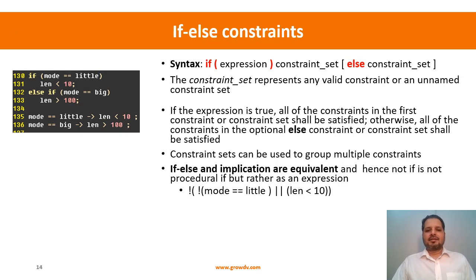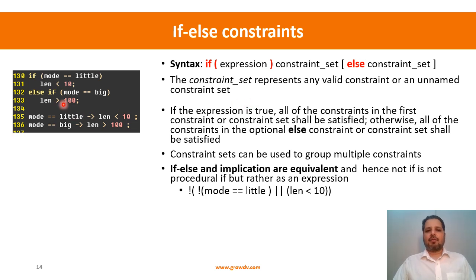Okay, so if else is actually another form of an implication type of constraint. The formal definition looks something like this. You have if expression, and then you can specify a set of constraints, and then the else part is optional. So you can say else another set of constraints. A constraint set represents any valid constraints, like an unnamed constraint set.